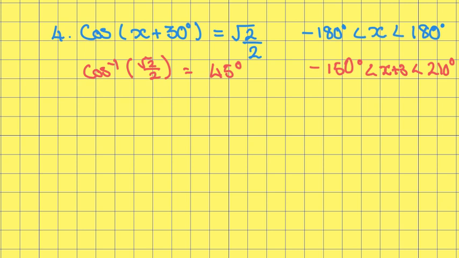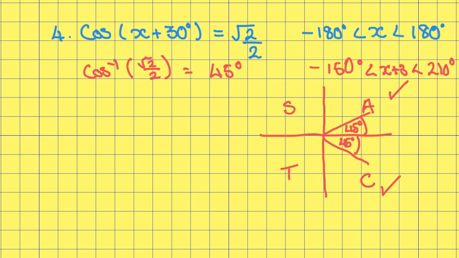So if we draw our CAST diagram, we get the following: CAST, and we want cos to be positive. Well, that's in the first quadrant and the last quadrant. So our acute angle is 45 degrees and 45 degrees there. So we want to go from 0 to 210.